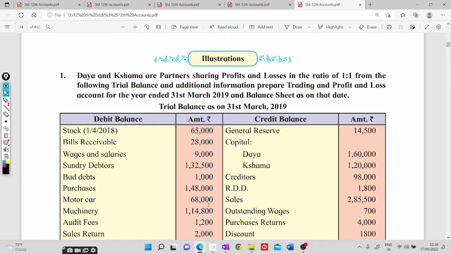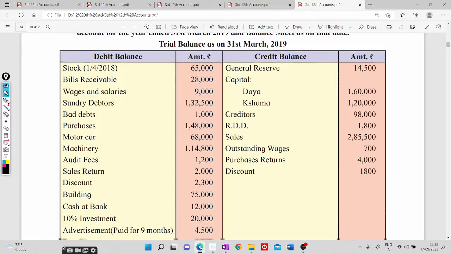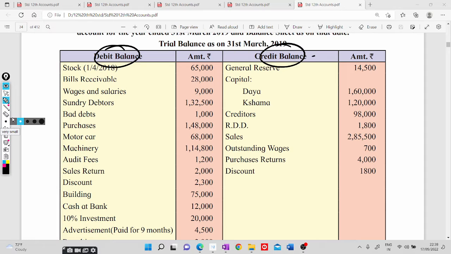Here, as you can see, these are the different accounts with the debit balance and the credit balance. To prepare the trading account, we have to consider only direct expenses and direct income.